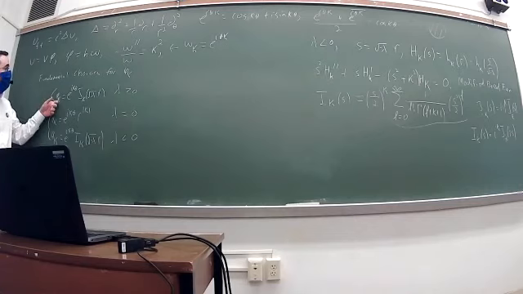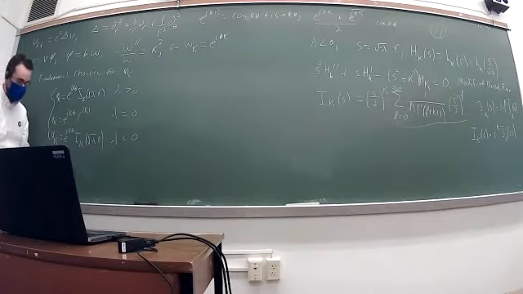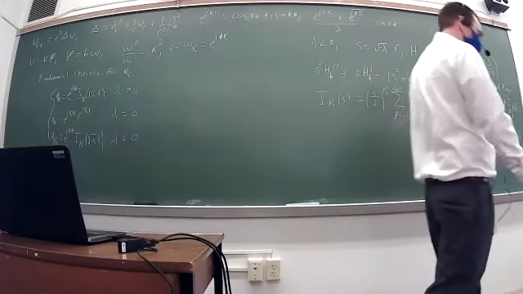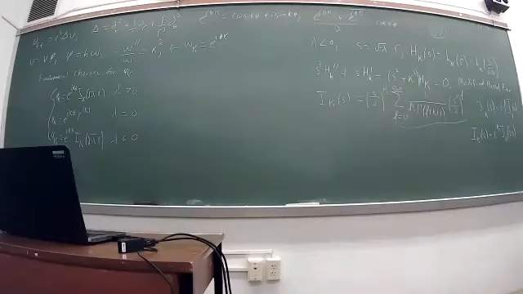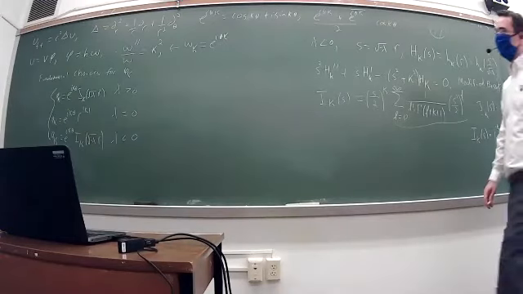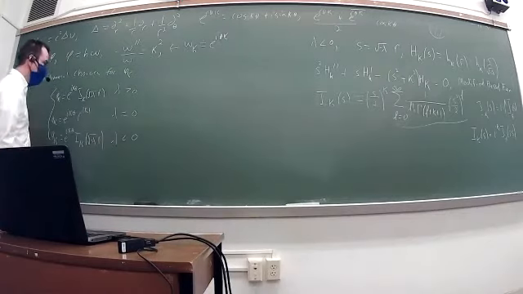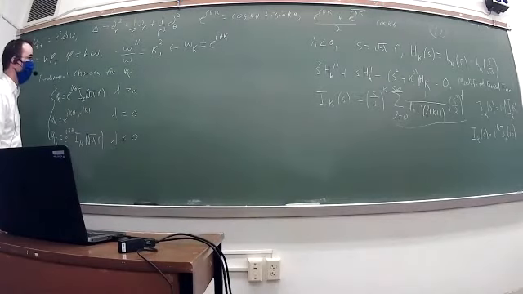So you could choose phi k equals sine k theta times j k of root lambda r, or a cosine k theta plus b sine k theta, times j k of root lambda r, which starts to become a mouthful.